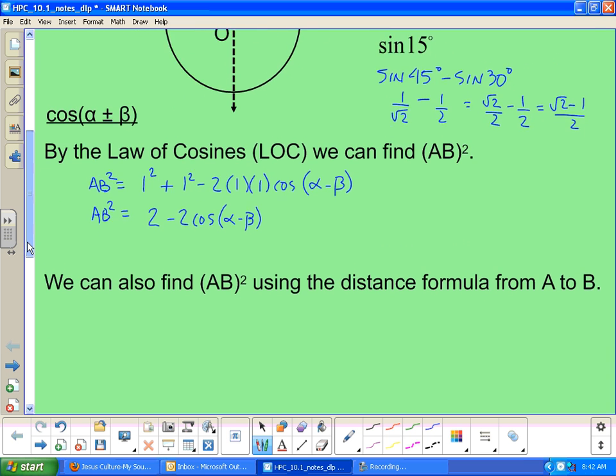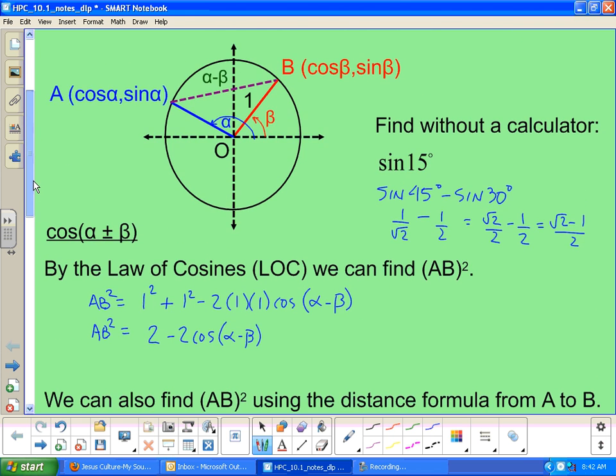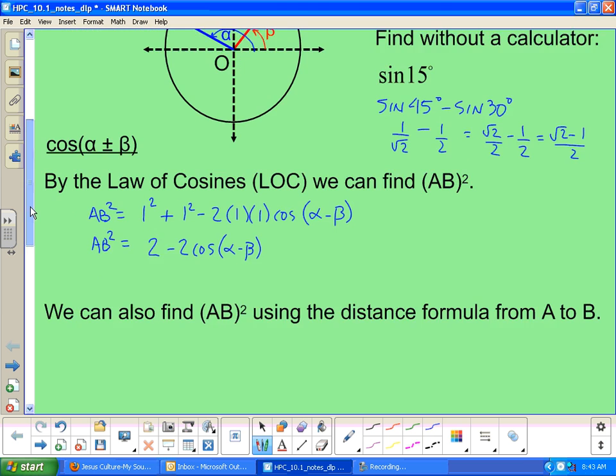Let's go and develop this now for our other one. What about using the distance formula from those points A to B? So now we're looking at this line segment AB from here to here, using the distance formula where we say distance squared is equal to difference in x value squared plus difference in y value squared.